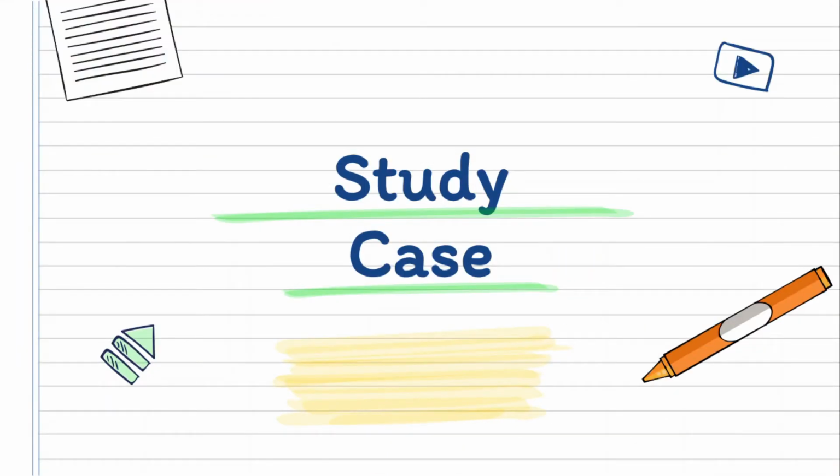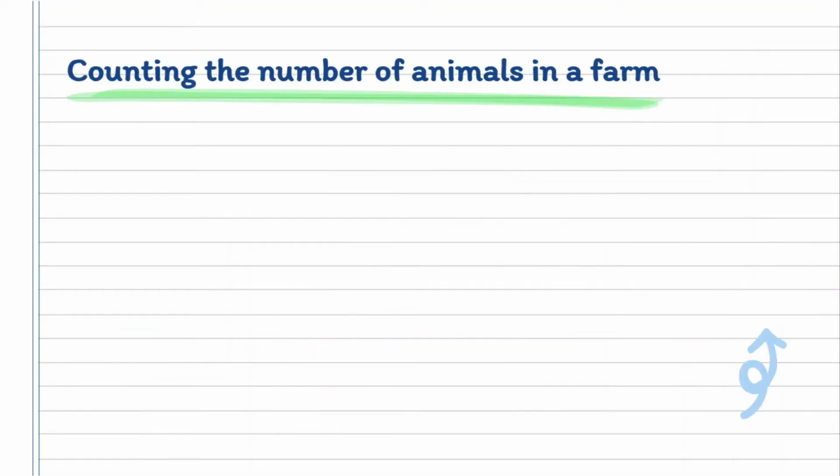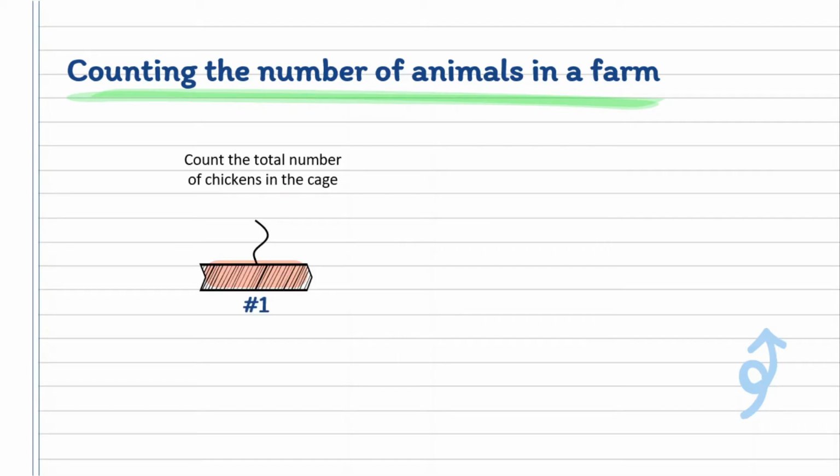The example of study case to illustrate the solution from a problem is counting the number of animals in a farm. For counting the number of animals in a farm, we can solve this problem with a few tasks. First, count the total number of chickens in the cage.